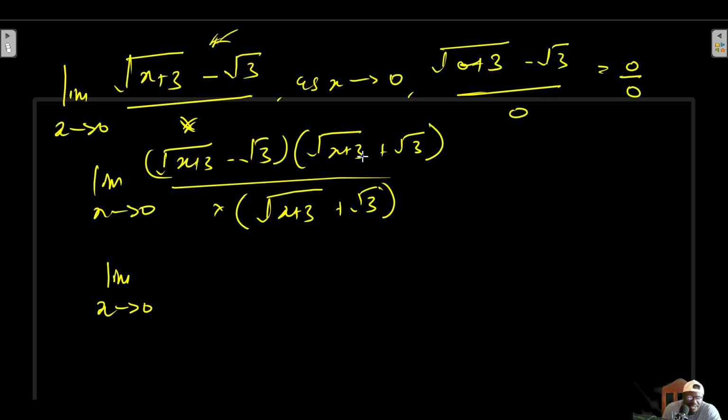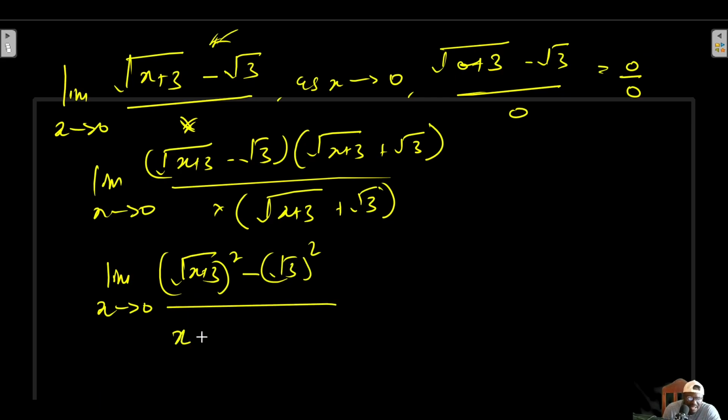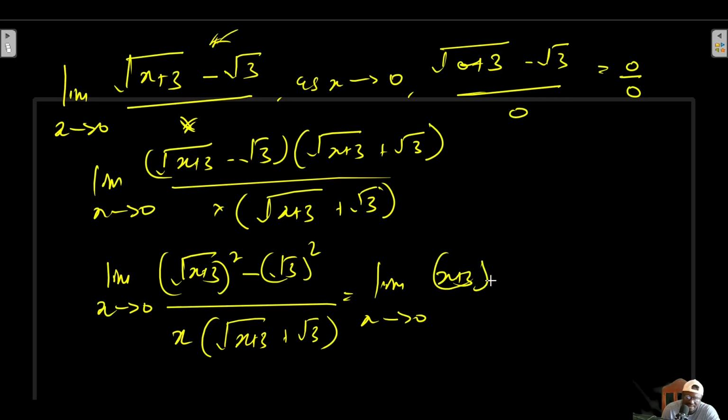This, when multiplied together, will result in the difference of two squares. So root of x plus 3 all squared minus root 3 all squared, all over x multiplying root of x plus 3 plus root 3. What do we get? We end up getting the limit as x is approaching 0 of x plus 3 minus 3 all over x multiplying root of x plus 3 plus root 3.